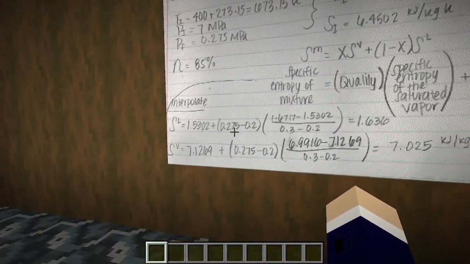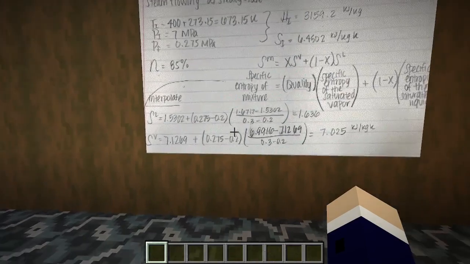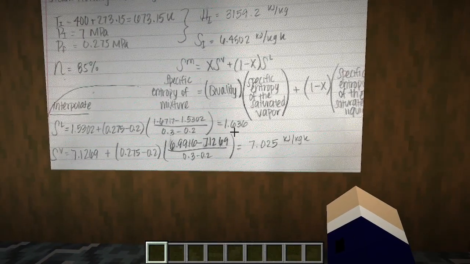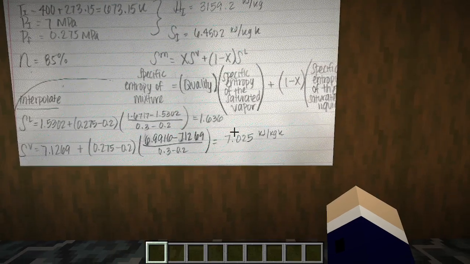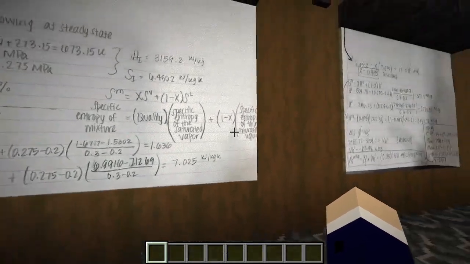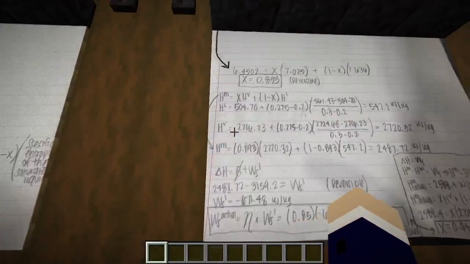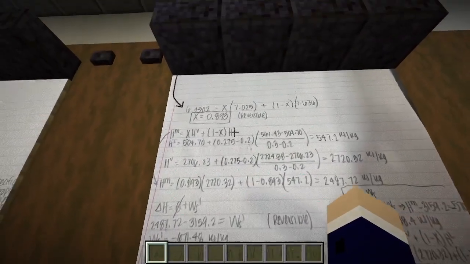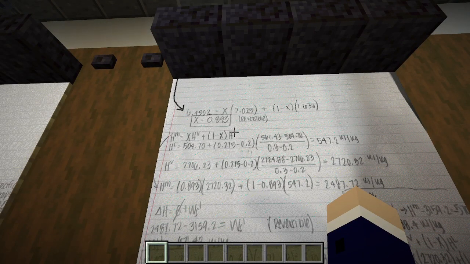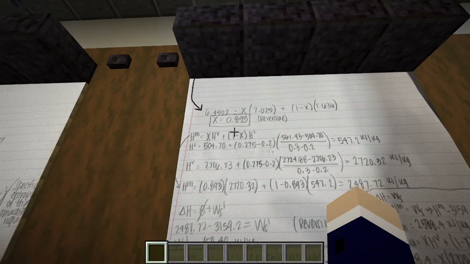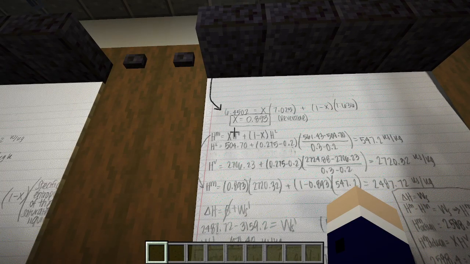With those, we calculated S_L being 1.636 and S_V being 7.25 kilojoules per kilogram Kelvin. We plugged these numbers back into the equation, giving us a reversible quality of our gas of x equals 0.893.